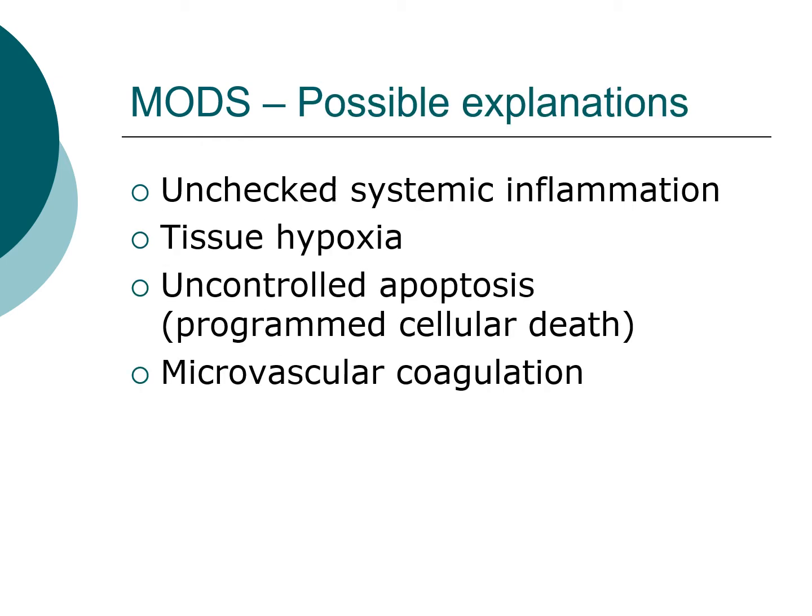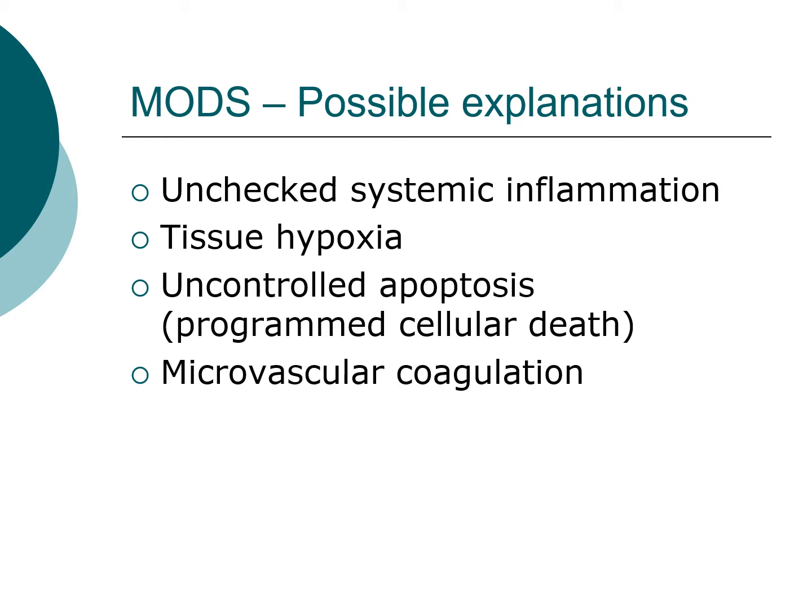There are some possible explanations. Does that inflammatory response and the cytokines start to storm and really become out of control? Does tissue hypoxia then help multiple organs fail? Is there something called uncontrolled apoptosis going on?